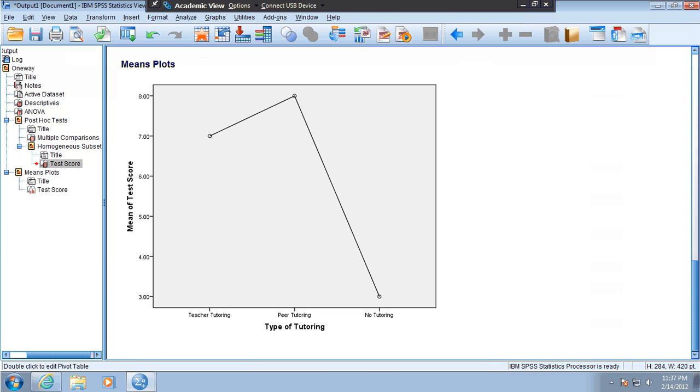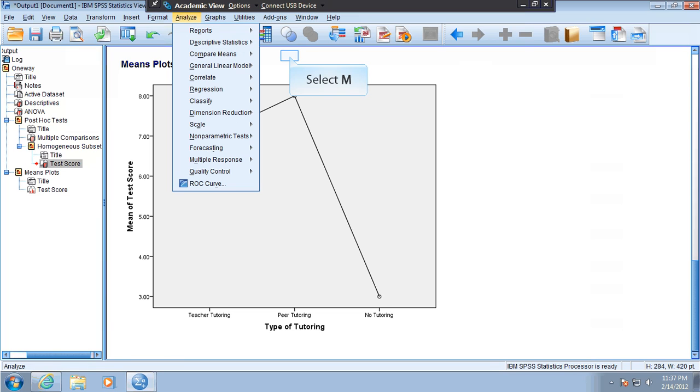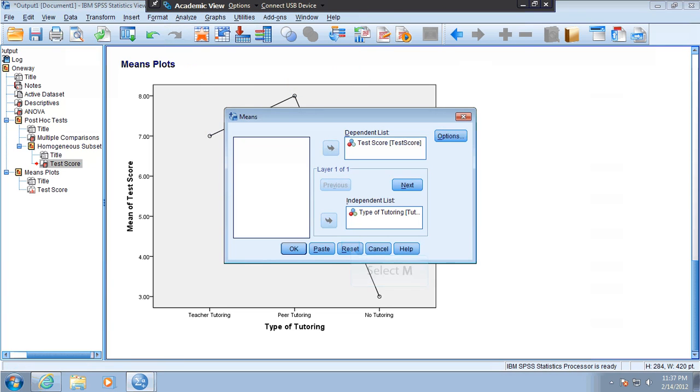One additional piece of information that you can obtain is by running Analyze, Compare Means, and the Means procedure. The Means procedure is run similarly, where we want to put the test score in the dependent variable list and the type of tutoring, our independent variable or factor, in the independent list.